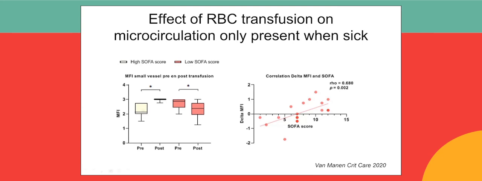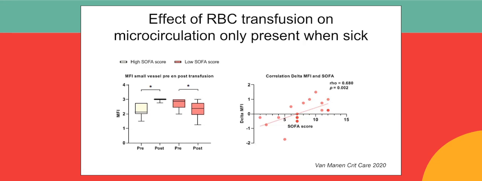And you can see here that in patients with a high SOFA score, if you give a red blood cell transfusion, parameters of the microcirculation improve, whereas if you have a low SOFA score, in other words, you're not that ill, the microcirculation decreases following red blood cell transfusion. And of note, all these patients received the red cell at a hemoglobin level of around 7 grams per deciliter. And here you see the correlation. So I think this is important information.